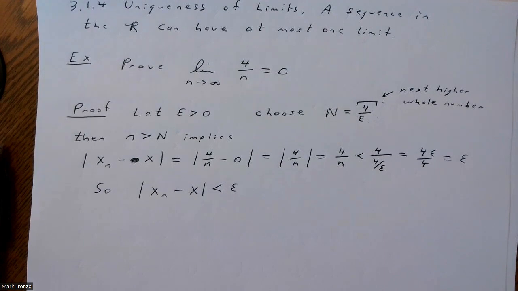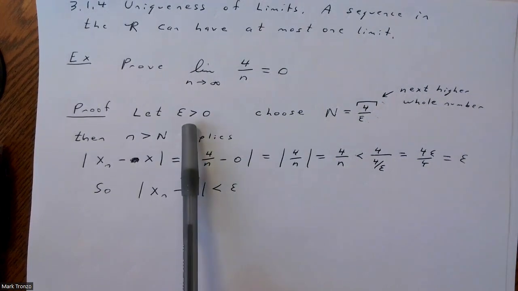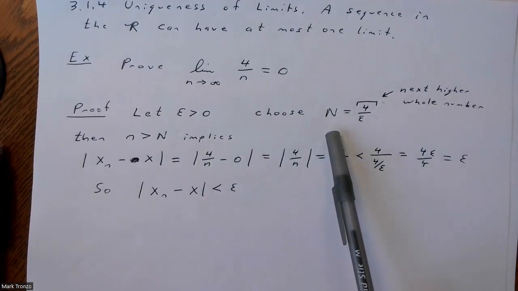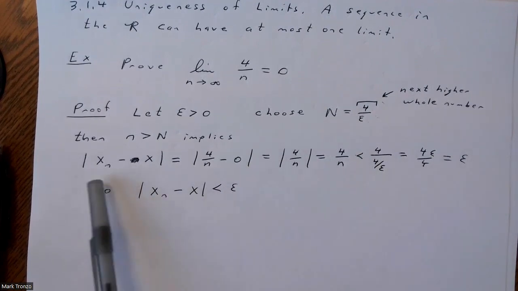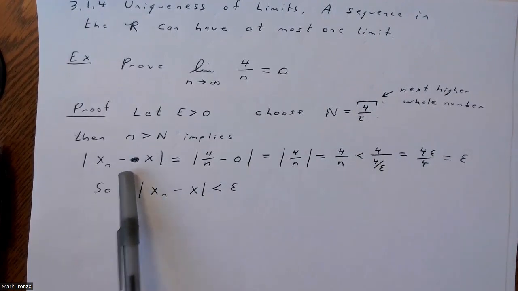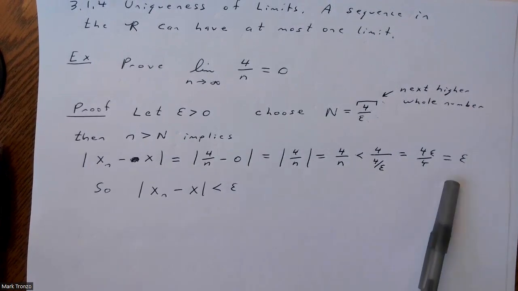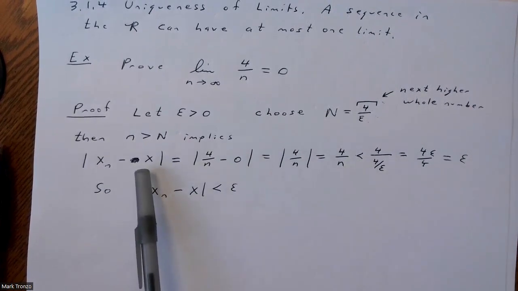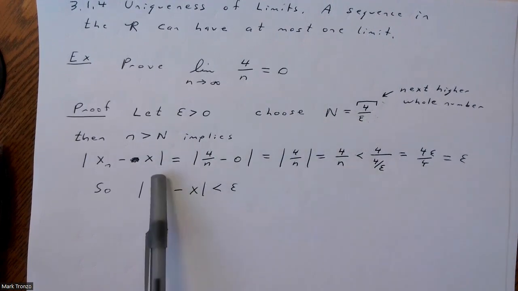And so the idea here, once again, according to the definition, is for all epsilon greater than 0, there exists an N such that whenever n is larger, the members of your sequence are within epsilon of that limit, and we're claiming, say here, the limit is 0.